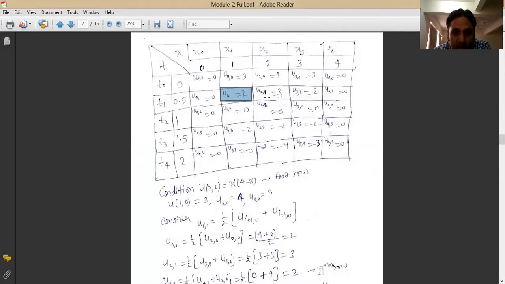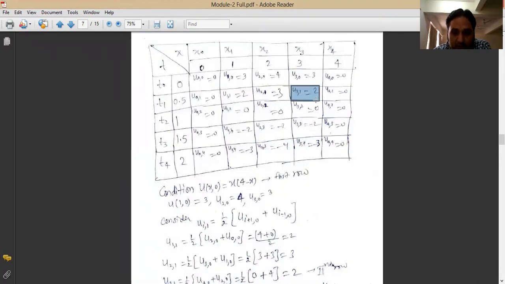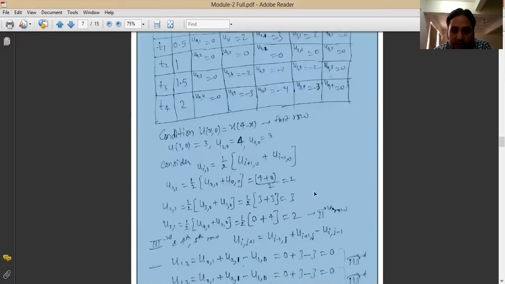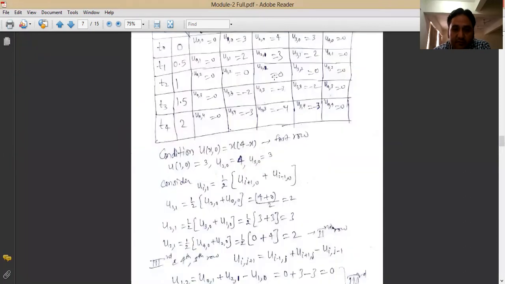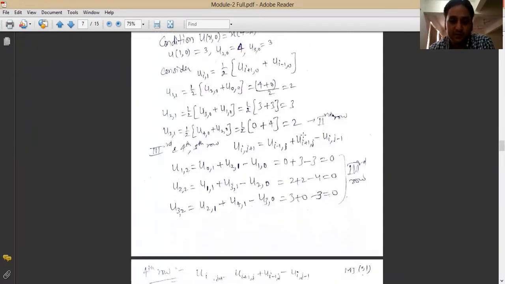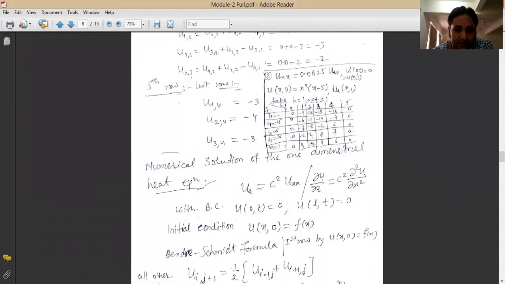This 2 above left, plus this 2, 2 plus 2, 4. Then minus this 4, 4 minus 4, it comes 0, like that. These values will come 0. Now all these values will come like that only, one by one we will calculate the values. And that's the complete answer.